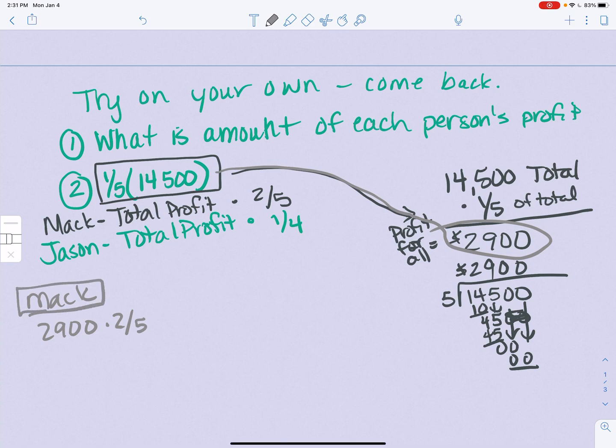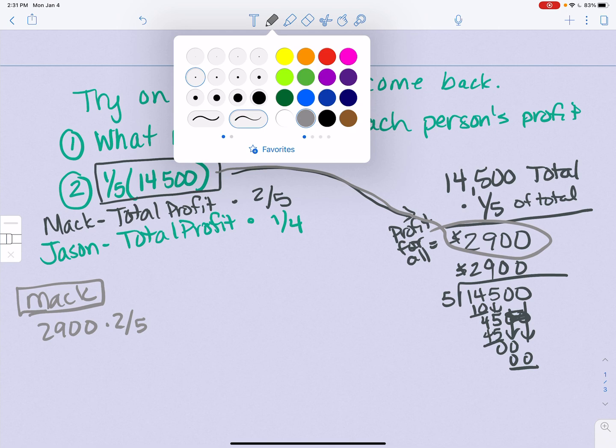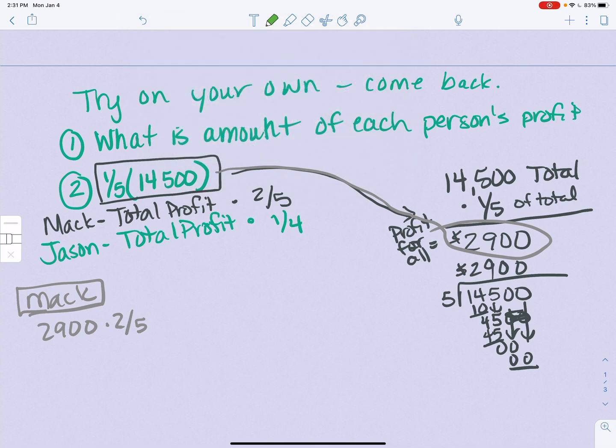That's his profit. And then Jason's profit is 2,900 times, not 1/5, 1/4. And we'll worry about Yuri later because that's reading, continuing to read.